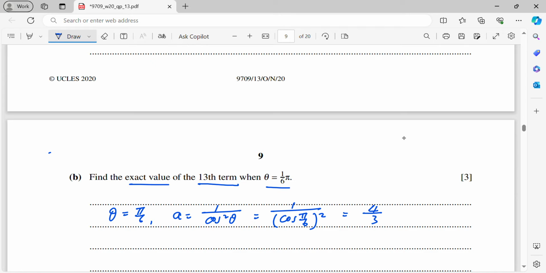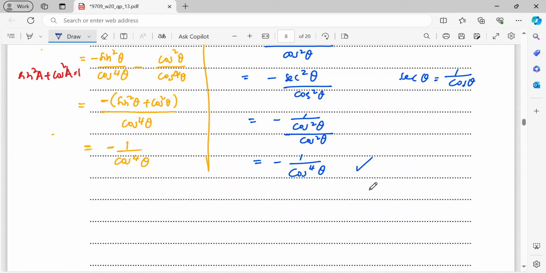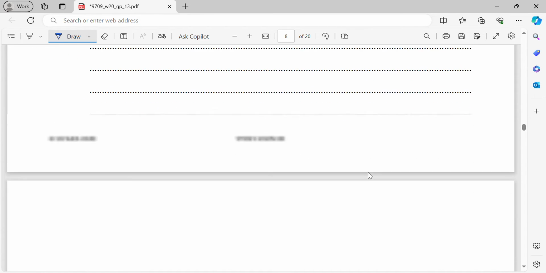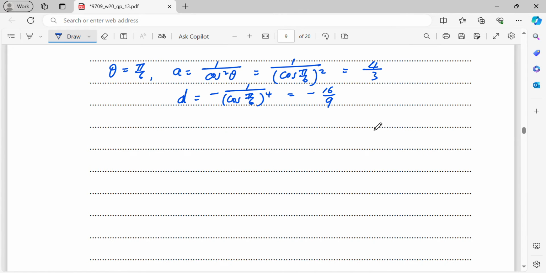Okay, and then my d, common difference. My d is negative 1 over cos degree 4 theta. So this is negative 1 over cos theta to the power of 4. So then when you use calculator, this is negative 16 over 9.